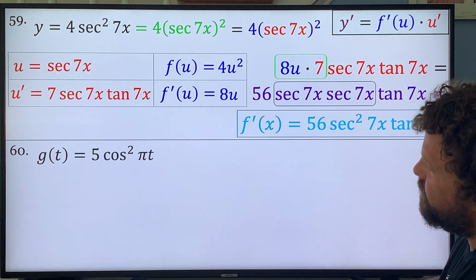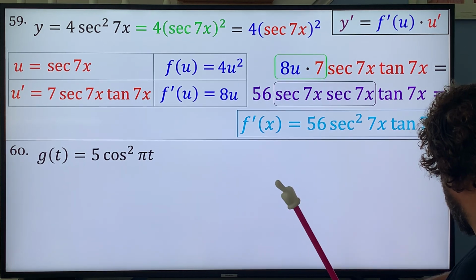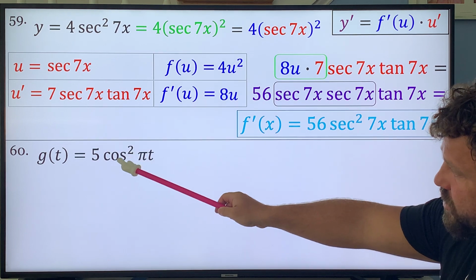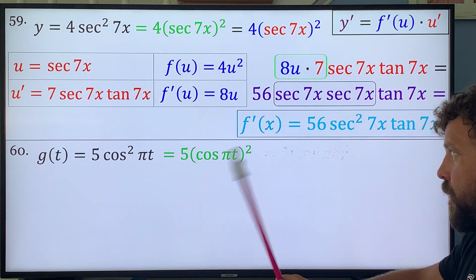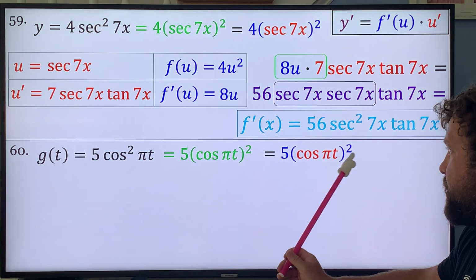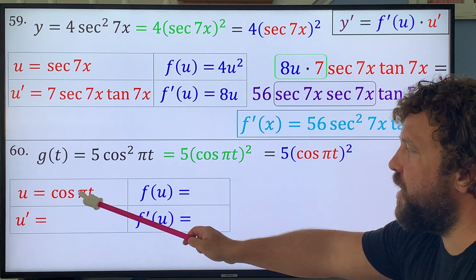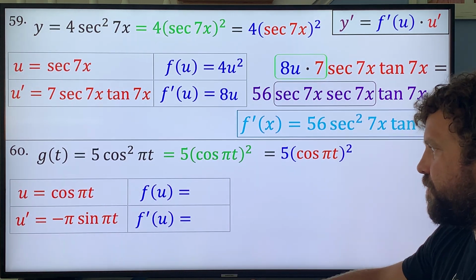All right, problem 60. Five, since this is squared, is 5 times cosine pi t quantity squared. Our cosine pi t is our u. Derivative of this is just pi times negative sine pi t, or negative pi sine pi t.